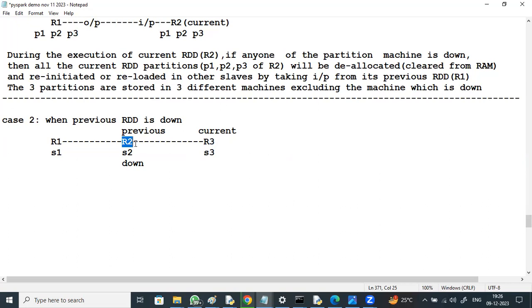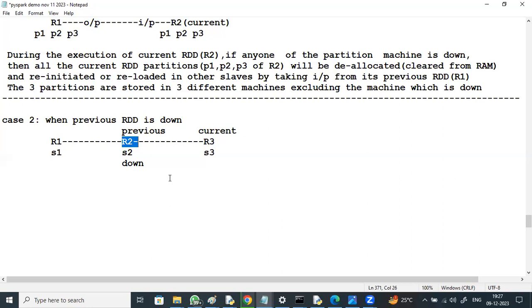But while R3 is taking input from R2, suddenly R2 failed. R2 failed means its partition machines are down. Then can R2 collect the output from R1 again? Can it recompute? Try to answer. Can R2 recompute and collect input from the output of R1?